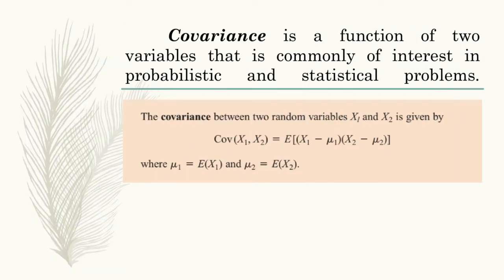A function of two variables that is commonly of interest in probabilistic and statistical problems is the covariance. The covariance between two random variables x sub 1 and x sub 2 is given by the formula below, where mu sub 1 or mean sub 1 is equal to E of x sub 1 and mu sub 2 or mean sub 2 is equal to E of x sub 2.